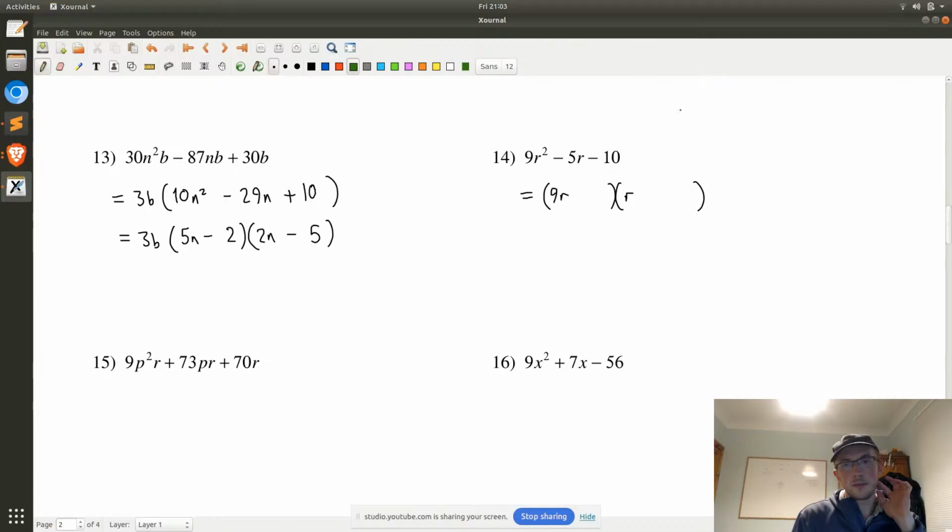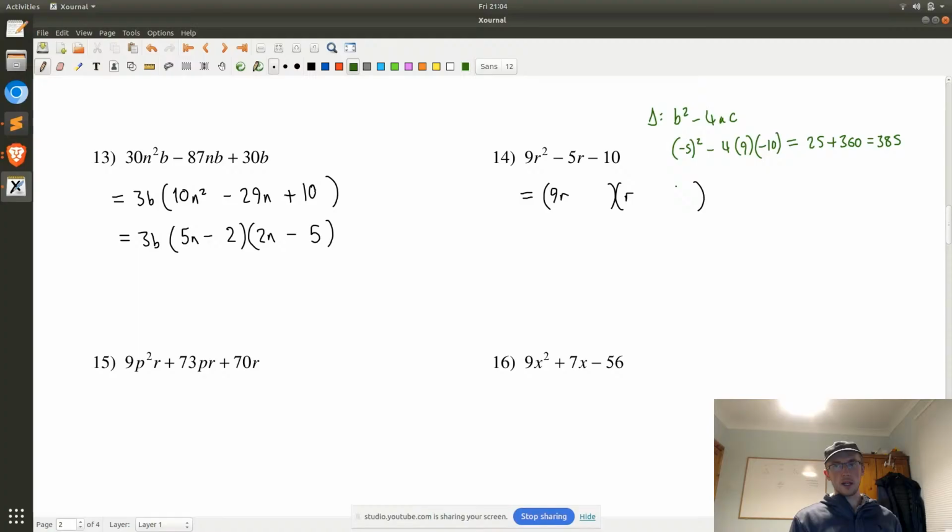You know what? Try the discriminant. 385, which is not a perfect square number, so this actually can't be factorized over the integers.